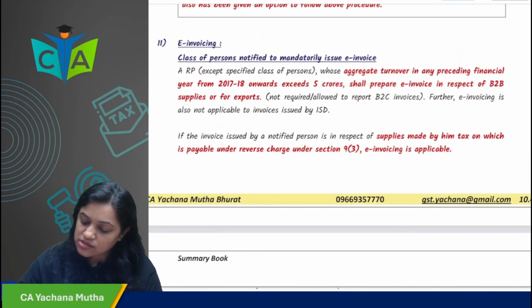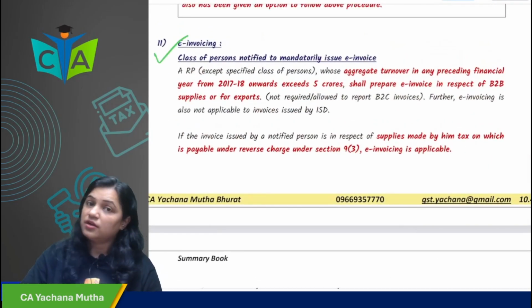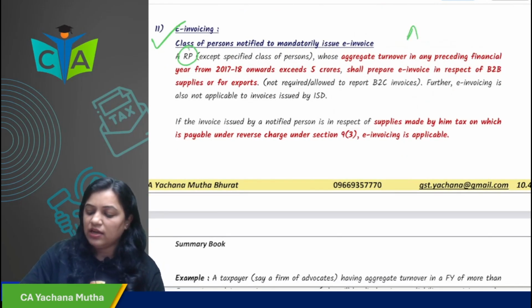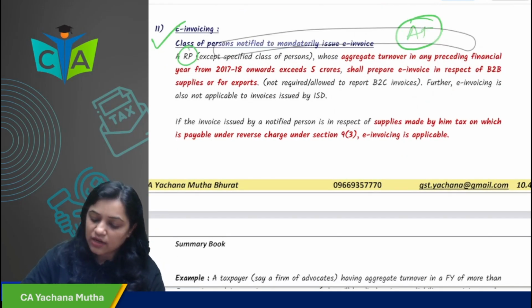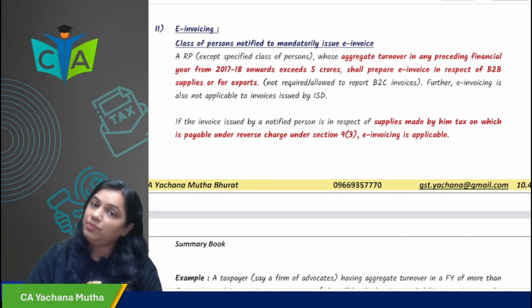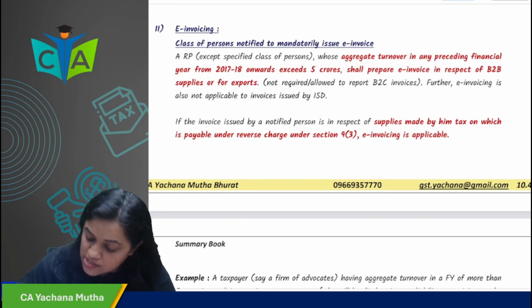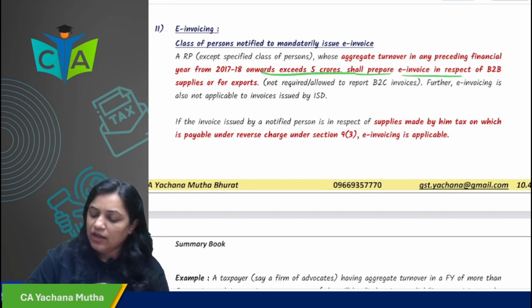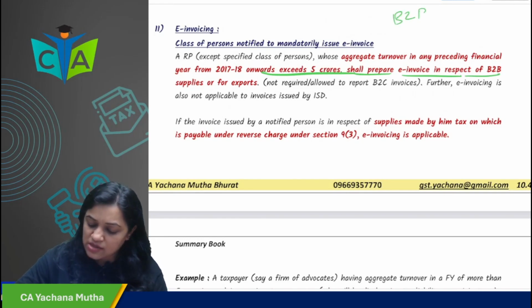Now next is the concept of e-invoicing. What is this? You are a registered person whose aggregate turnover in any preceding financial year from 17-18 onwards exceeds 5 crores. Then you will prepare an e-invoice in respect of B2B supplies and for exports.